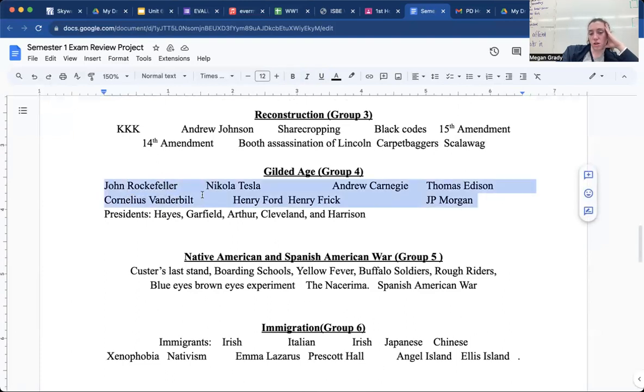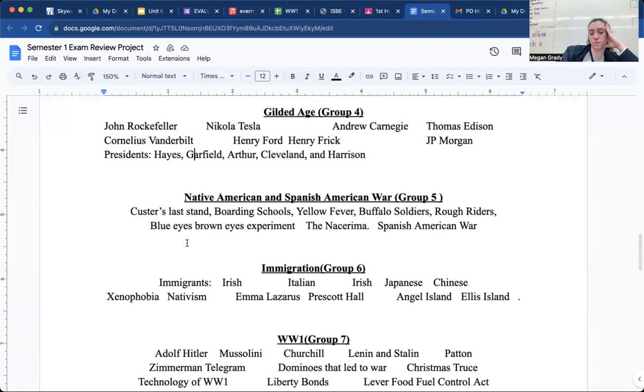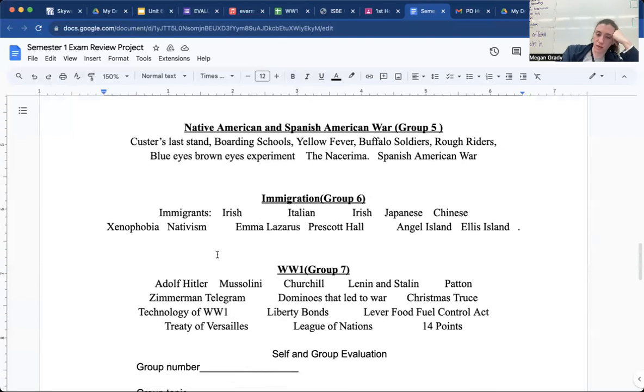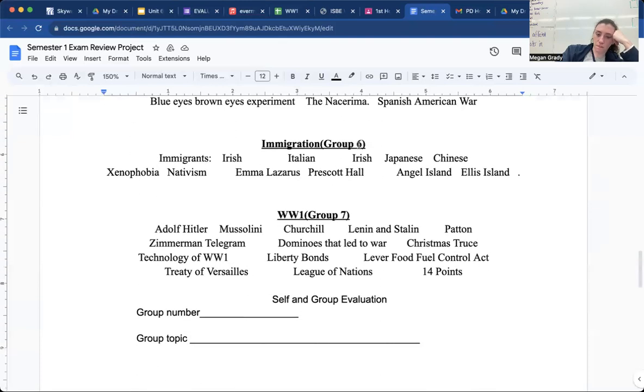Rockefeller, Tesla, Carnegie, Edison, Vanderbilt, all of those guys, and the presidents as well. Native American, the Spanish-American War. Talk about Custer's Last Stand, boarding schools, yellow fever, Buffalo Soldiers, Rough Riders, Blue Eyes, Brown Eyes experiments, stuff we talked about during that. Immigration, immigrant groups like the Irish, Italian, Japanese, and Chinese, xenophobia, nativism, Emma Lazarus, Prescott Hall, Angel Island, and Ellis Island.